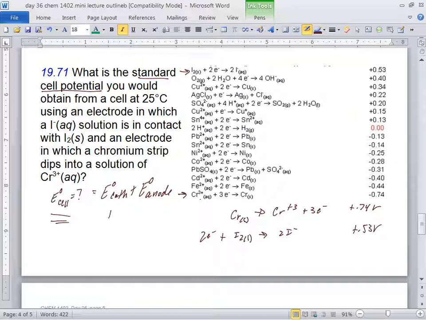Or sorry, positive 0.53 and positive 0.74. What is that? 1.34, 1.37 or so. Oh, where's my calculator? Man, there's no light in here whatsoever. 1.27. 1.3, that's pretty close.